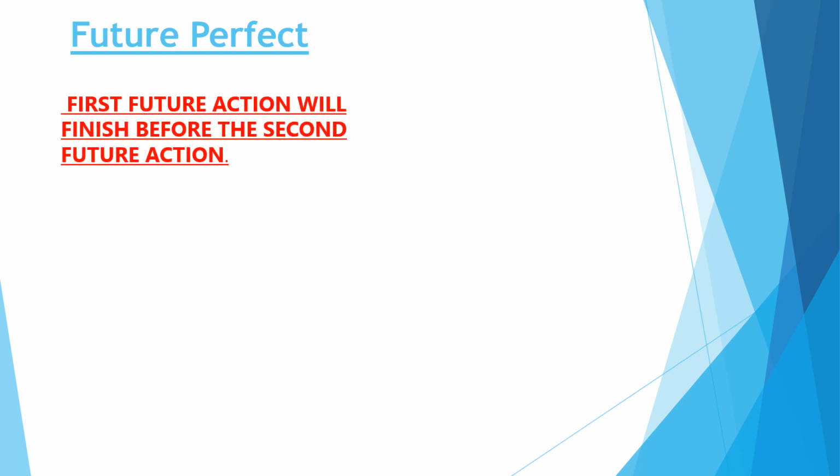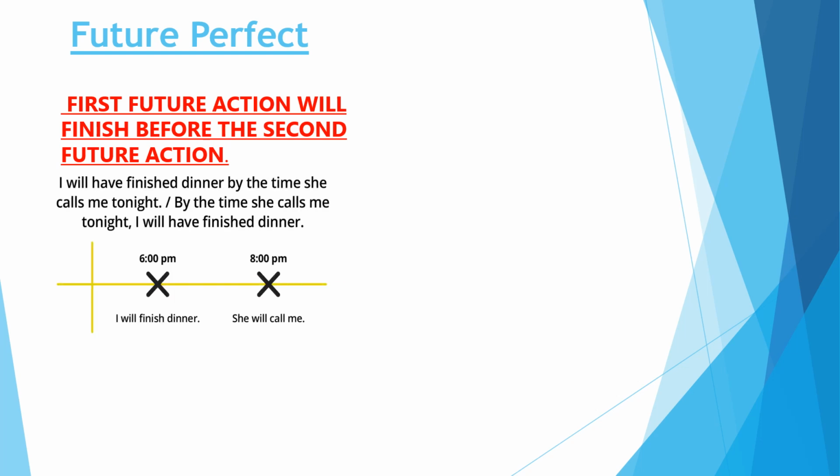Future perfect tense. We will understand the future perfect tense by comparing it with the future perfect continuous tense. Let's see first what the future perfect tense is. Future perfect tense indicates an action in the future that will have been completed before another time or event in the future. Let's see it with an example.